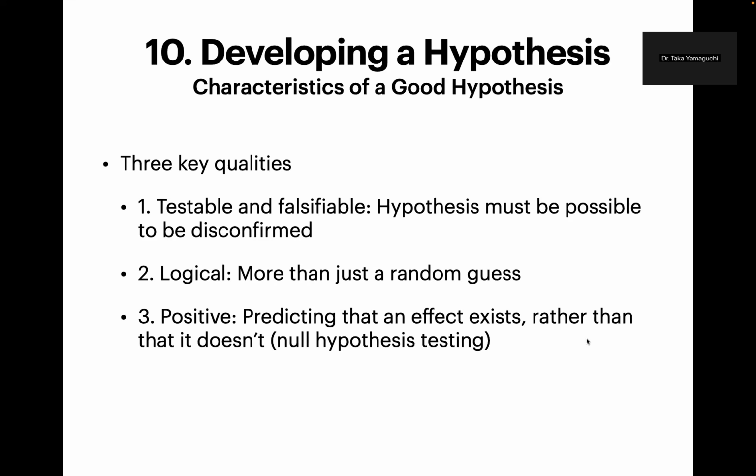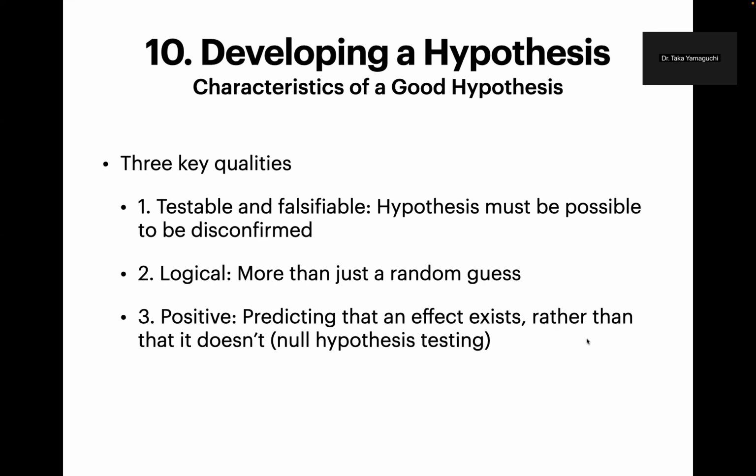Second, logically derived from theories or observations. A hypothesis should be logical and grounded in prior theories, observations, or reasoning, employing deduction when a theory is available or induction when only specific data is present. Finally, it is expressed positively about the existence of a relationship or effect.